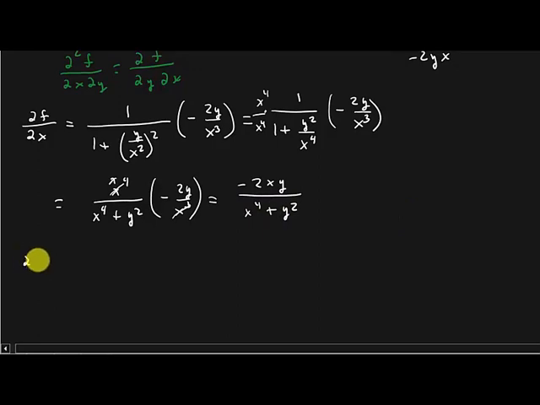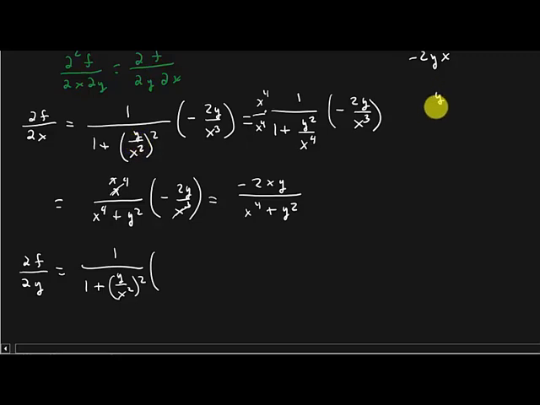Now let's take the partial of f with respect to y. So that's going to be kind of the same thing. That's going to be 1 over 1 plus y over x squared times, and then we've got to take the derivative of this with respect to y.